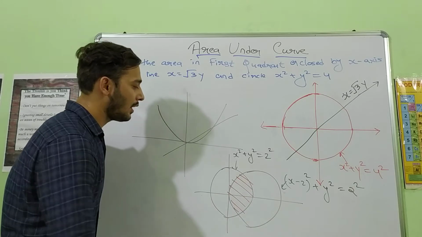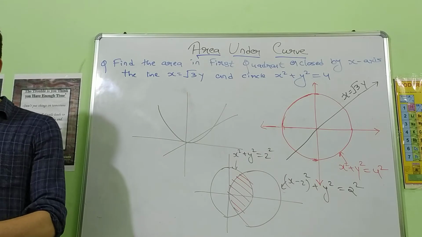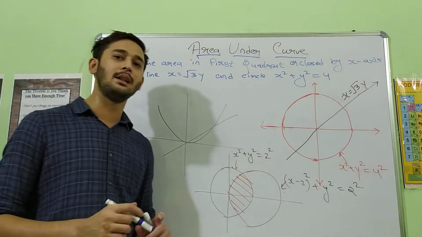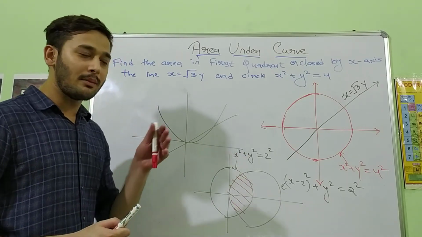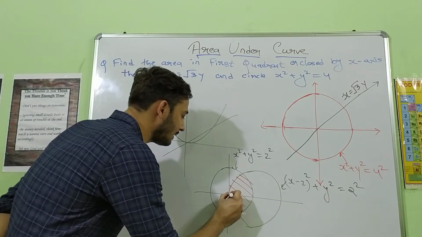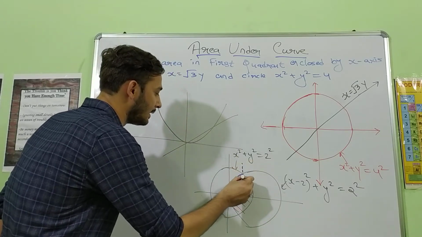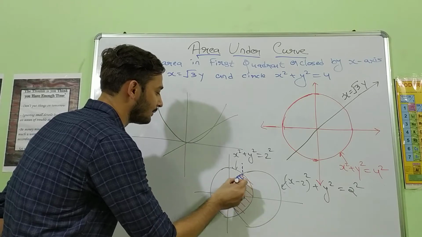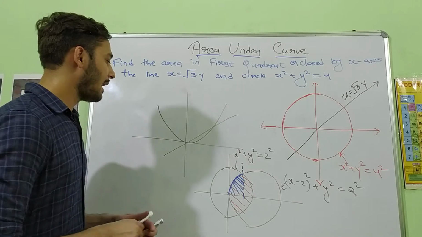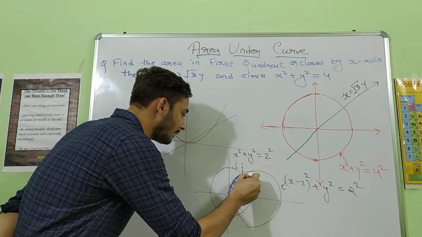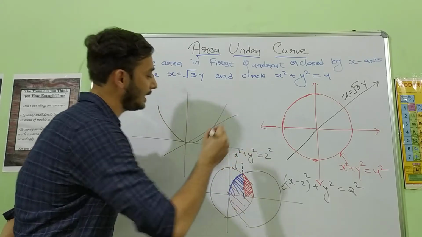Now I have to find the area. One thing only you need to remember: whatever I integrate, I will get the area below it. Suppose I integrate this first circle from here to here, I will get this area. Next I integrate the second circle from here to here, and I will get this area.